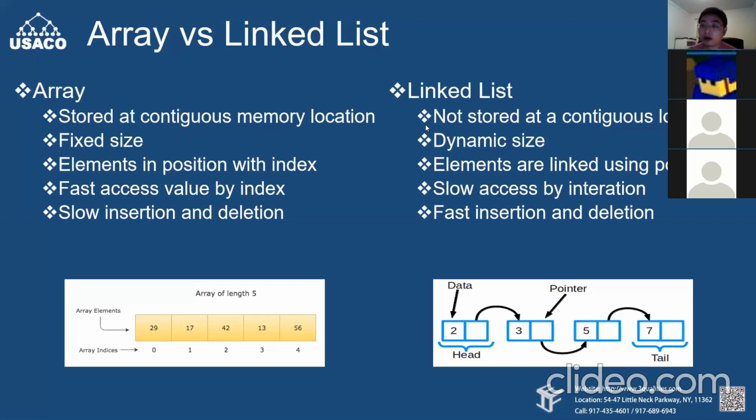It's different from an array, because arrays are in contiguous memory location. So I know that if the first value is located in memory box 100, then the second value is located in 101, and the third value in 102. So the CPU understands where to look for the next value, but linked lists are not stored contiguously.